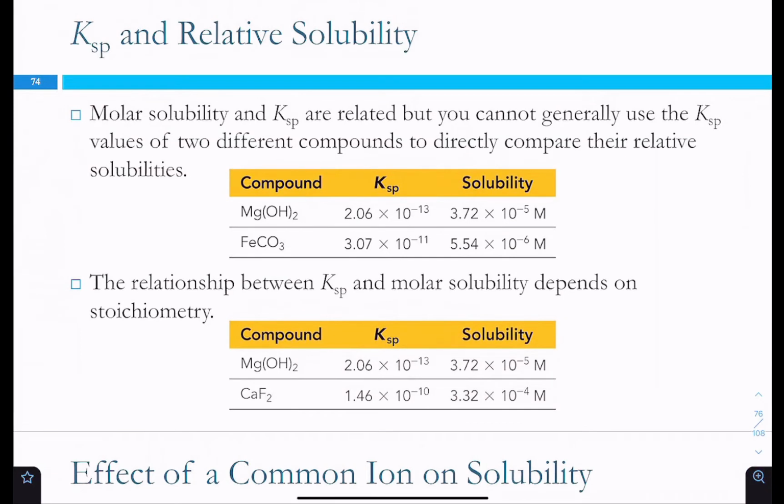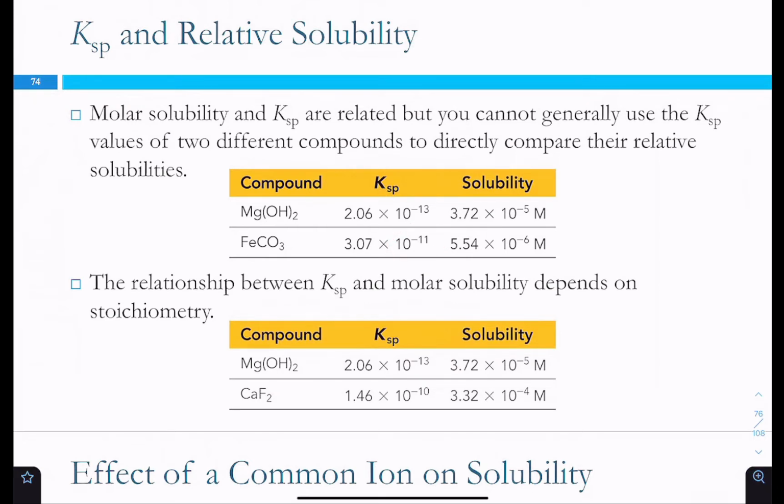So molar solubility and Ksp are related, and I hinted at this already. But we have two compounds here, magnesium hydroxide, so it has 2 hydroxide ions, and iron carbonate. And if we look at just their Ksps, magnesium hydroxide has a Ksp of 10 to the negative 13, where iron carbonate is 10 to the negative 11.